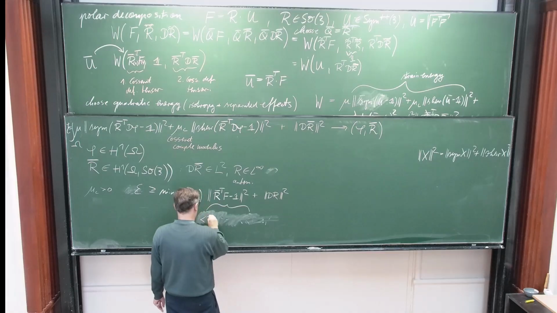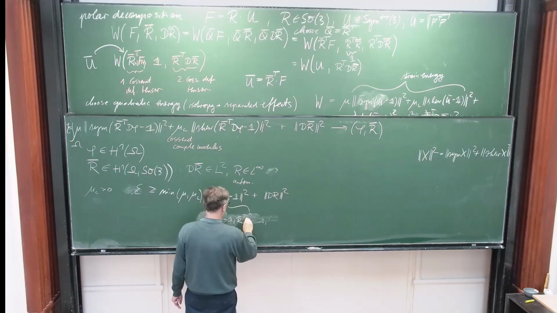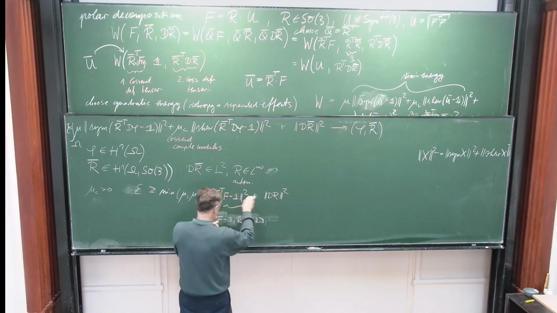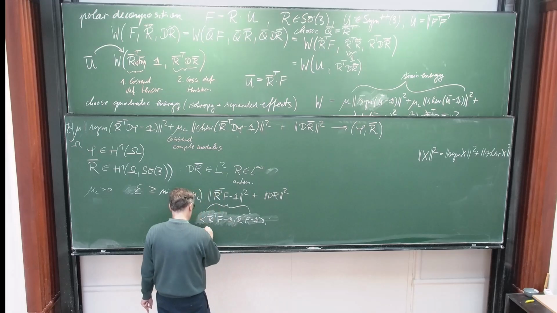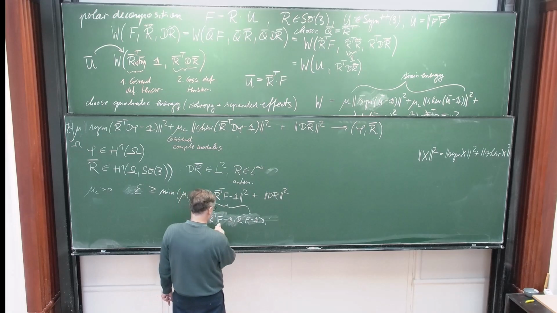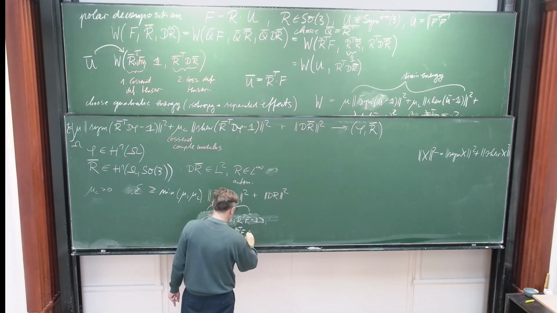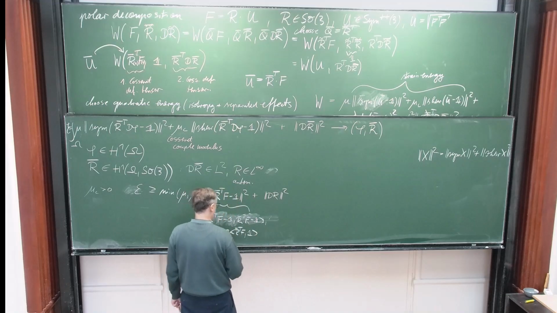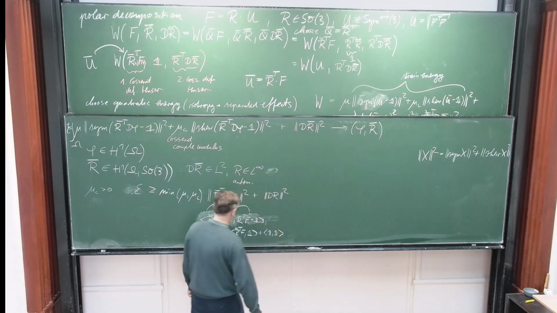I have to do it by hand. R^T F minus identity, R^T F minus identity. This is just written out, the square. So I have R^T F with R^T F, I have this term with this term, and I have it 2 times, so minus 2 times R^T F with identity, and the identity itself is plus 1 with itself.